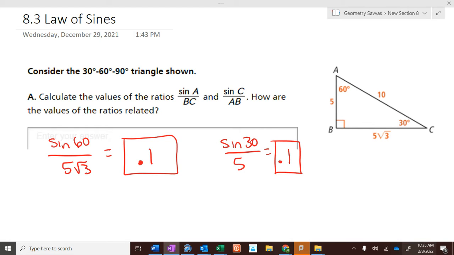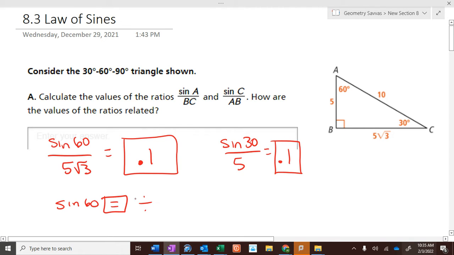Okay? So what you have to do, Oliver said, and this is a very good way of doing it, he said you have to go the sine of 60, then press equals, and then do the divided by, and then the 5 square root of 3, and then press equals, and then you get 0.1.